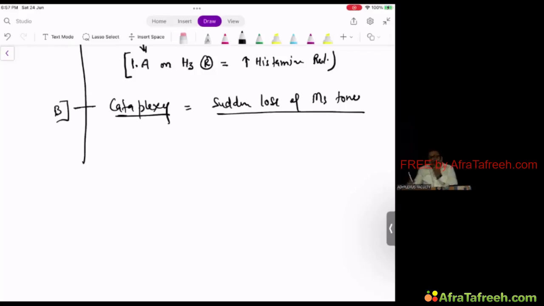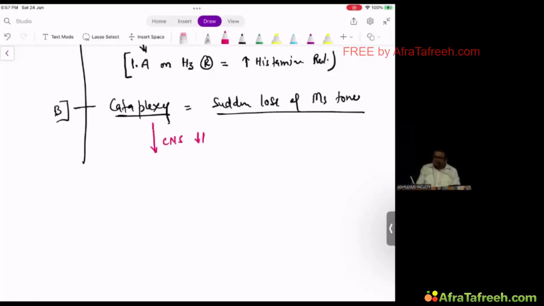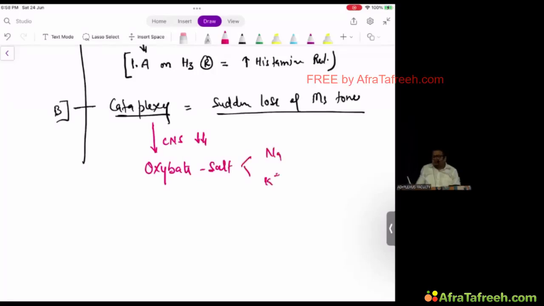Modafinil. But if specifically you are asked treatment of choice for cataplexy in narcolepsy, then all the other drugs will not work. For cataplexy, we have to give a CNS depressant, and that is oxybate salt. Oxybate salts of sodium or potassium are given.